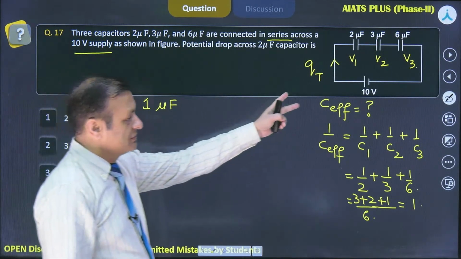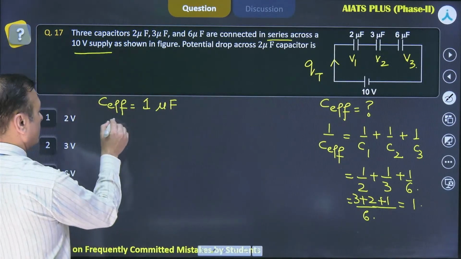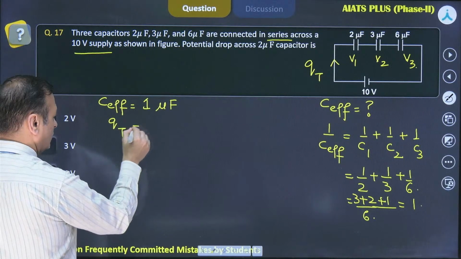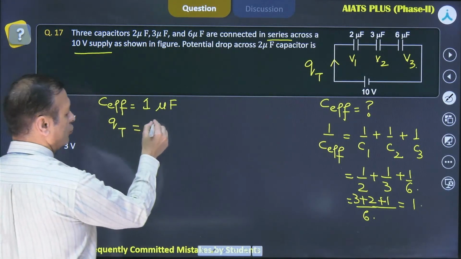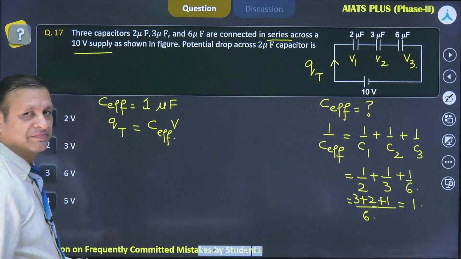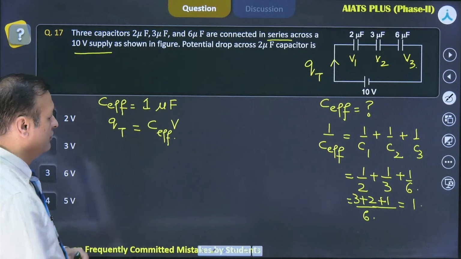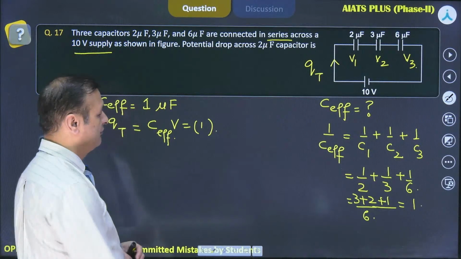So C effective is now known to us. Can you find out the total charge flowing through the circuit? Yes, Q is equal to what? CV. So what is the C? C effective. So what is the value of C effective? 1 microfarad.